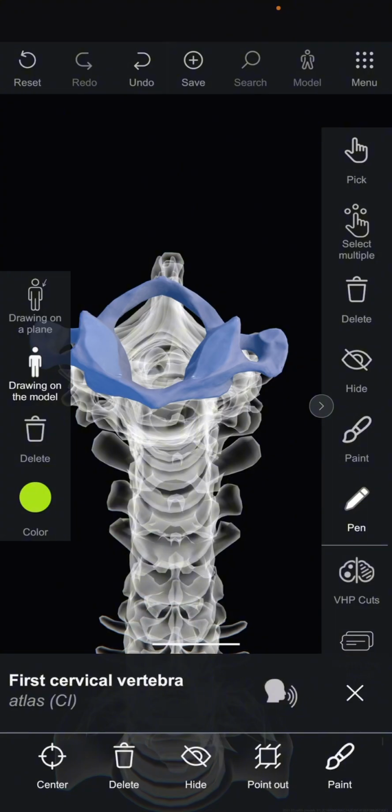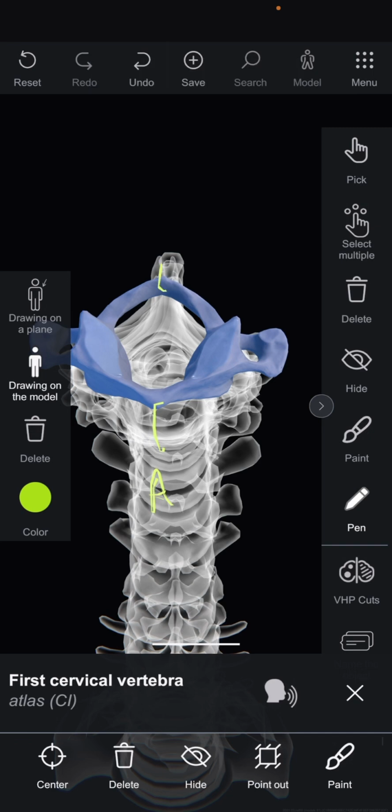You need to remember these three main words, which we will also discuss in next classes. Body means corpus in Latin, neck means column, and arch means arcus. But here we have important information. This is the anterior view, where the body would be, and this is the posterior view.